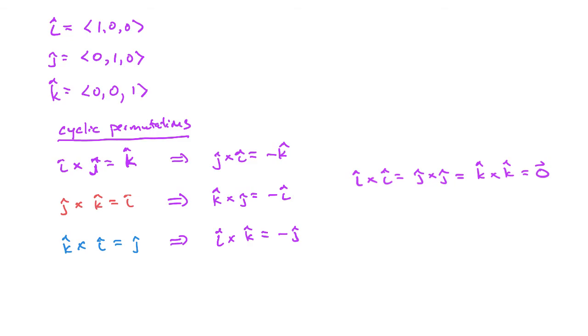And to see how we can compute our cross products algebraically now, let's take a concrete example. So suppose we had two vectors. We had a vector u that was going to be 2i plus 3j, and we had a vector v that was going to be i minus 4j plus 5k.